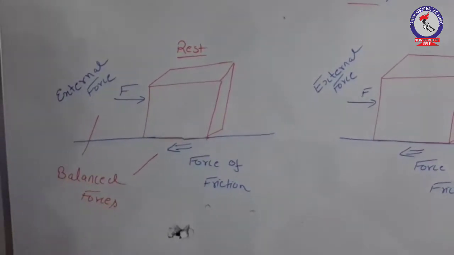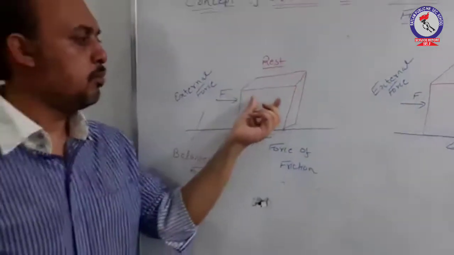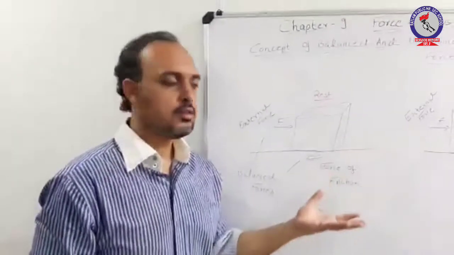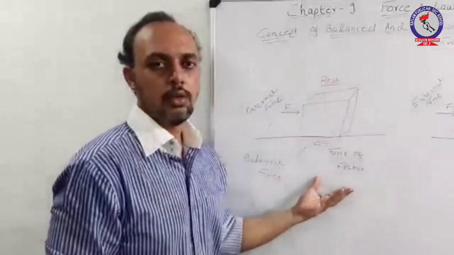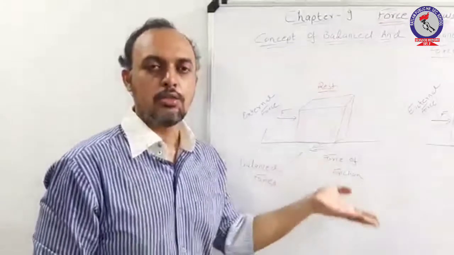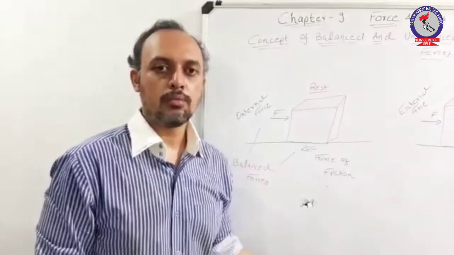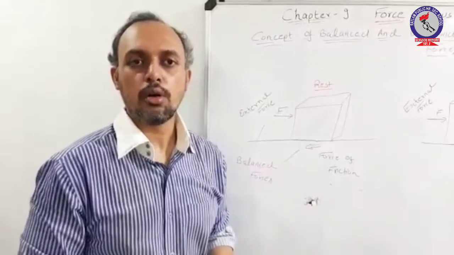Or you can say the magnitude of the external force applied by us for moving this box is cancelled by the force of friction, due to which the state of the box is the same. Hence you can say when a balanced force acts on a body, the state of the body does not change.